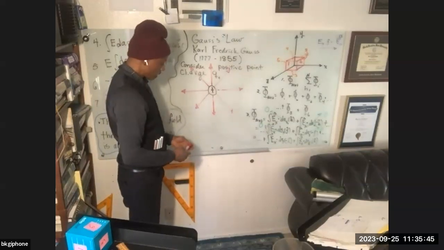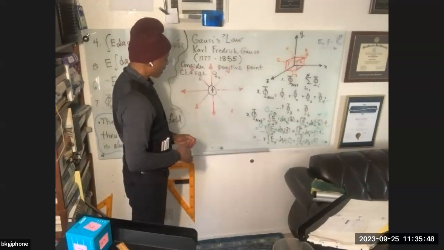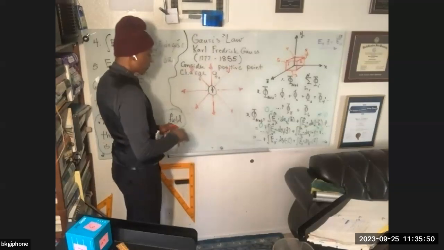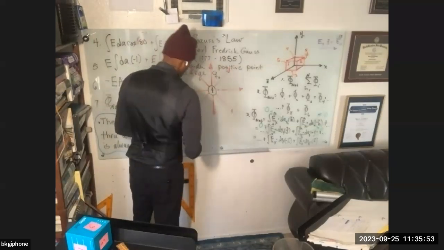So our objective here is to figure out the flux through some surface a distance r away from the point charge.